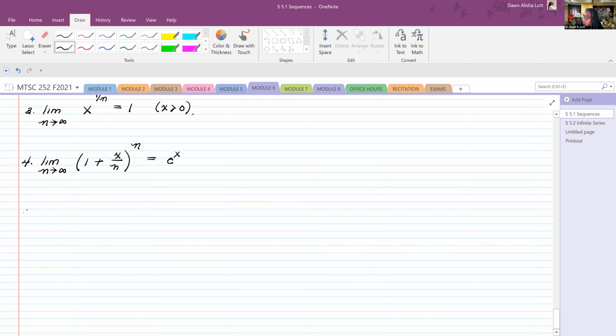Number 5, the limit as n goes to infinity of the nth root of n, otherwise known as n to the 1 over n, is equal to 1. Okay, another way of writing that is the limit as n goes to infinity of n to the 1 over n. That limit is 1.